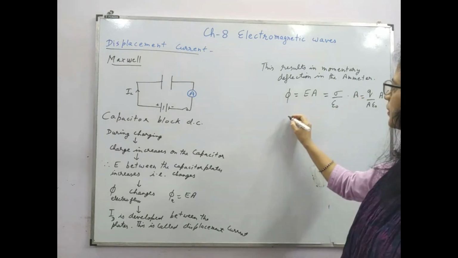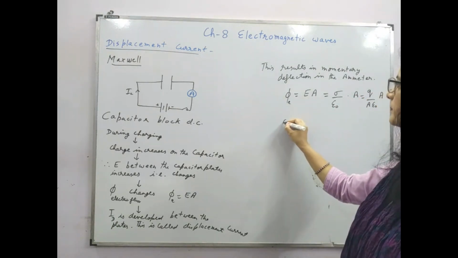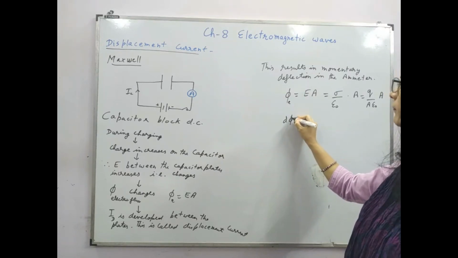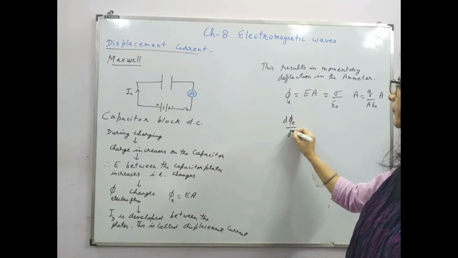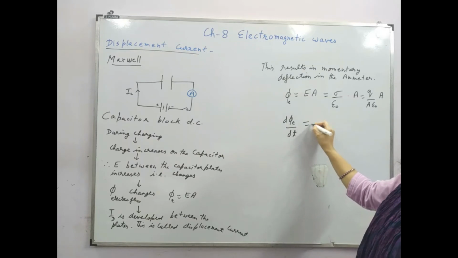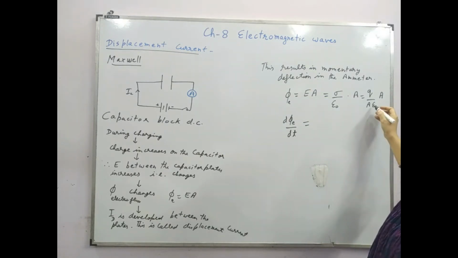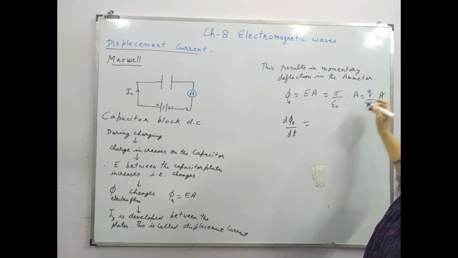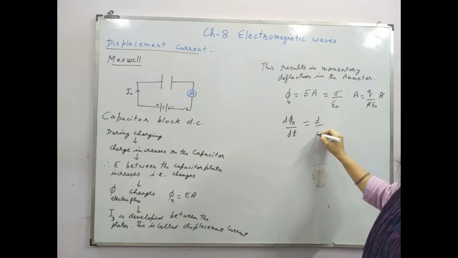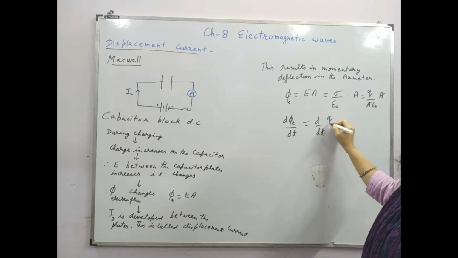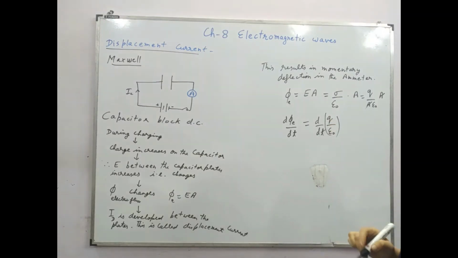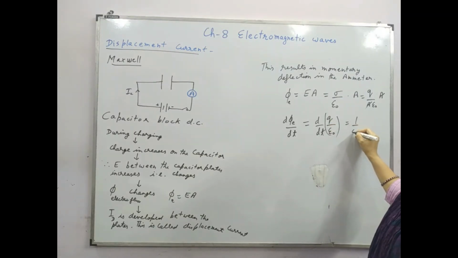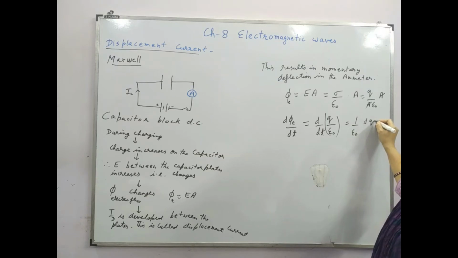So if we differentiate this electric flux with respect to time, epsilon naught can be taken outside.